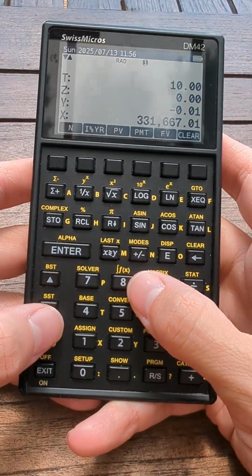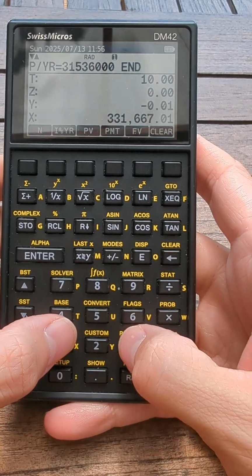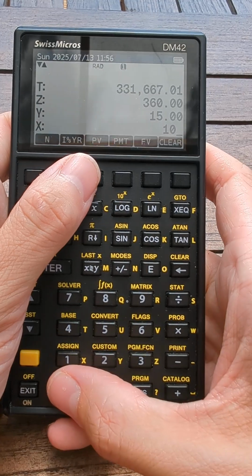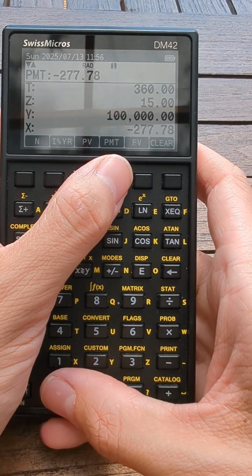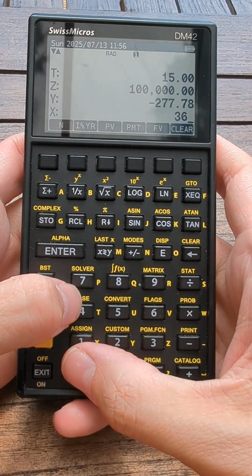So on the 4 stack, oops, what's happened there? Did something wrong.